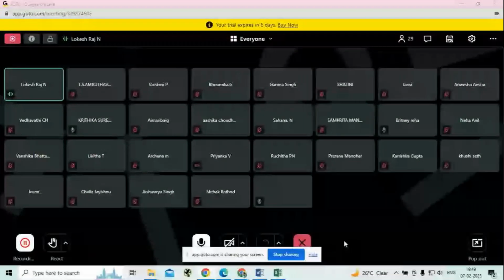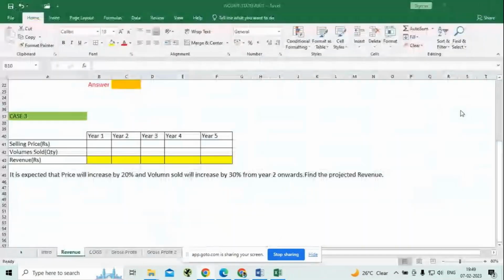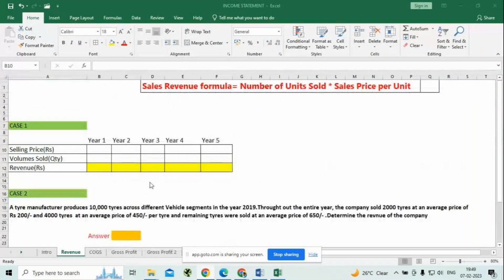So hope you are able to see my screen. Please confirm. Yes, sir. So we will try to calculate a few simple things. As we discussed, the first line item of the income statement is sales.